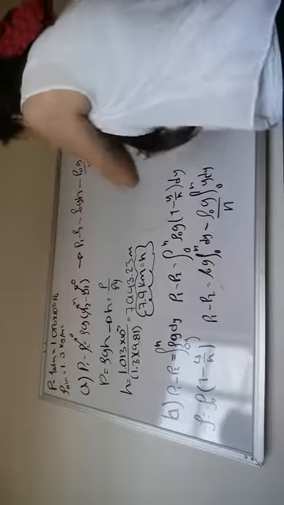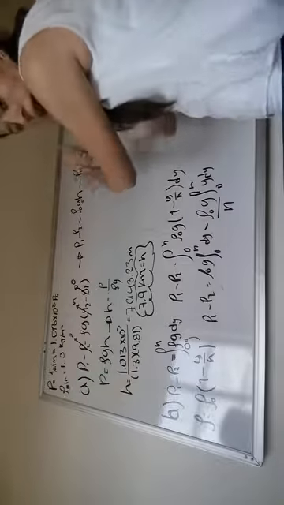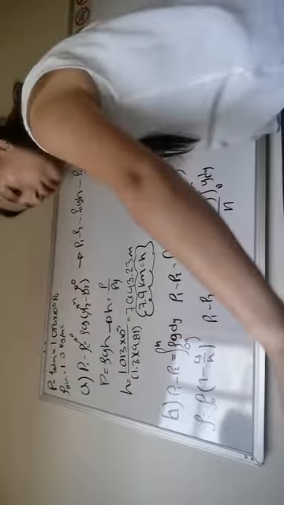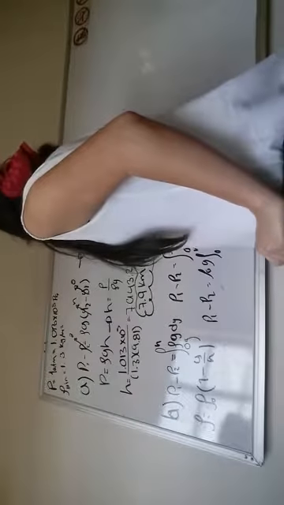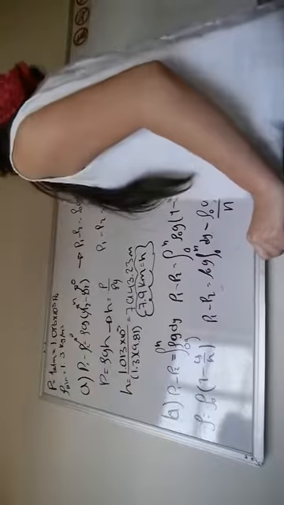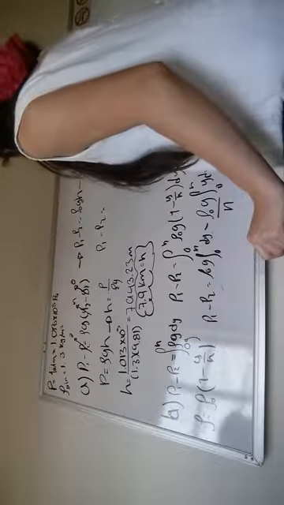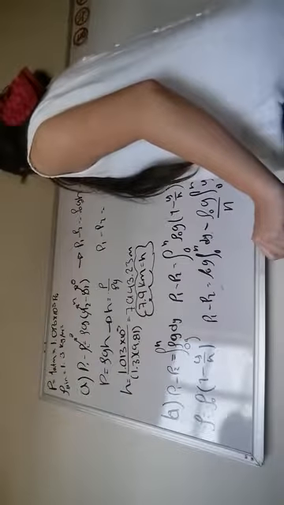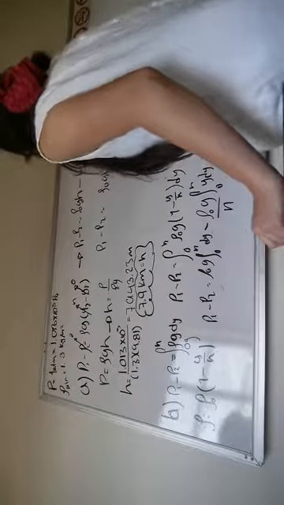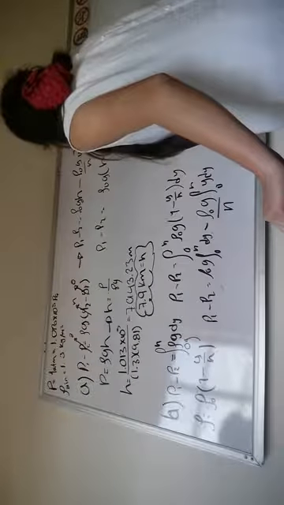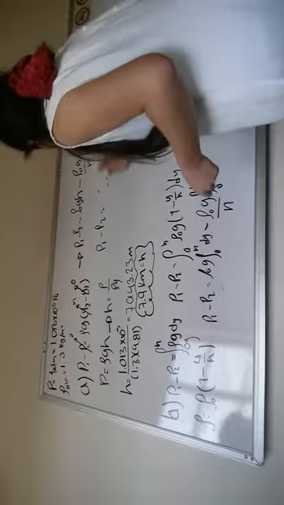Now we can solve this. So we have pressure 1 minus pressure 2 equal to, I'm making it wrong.